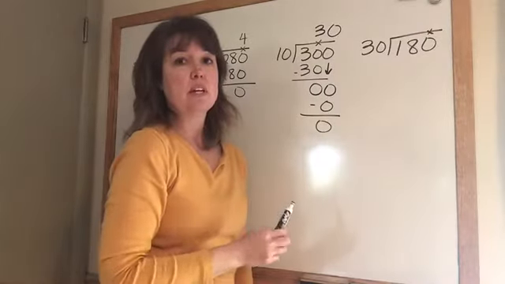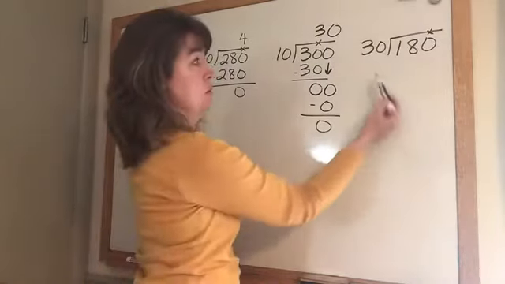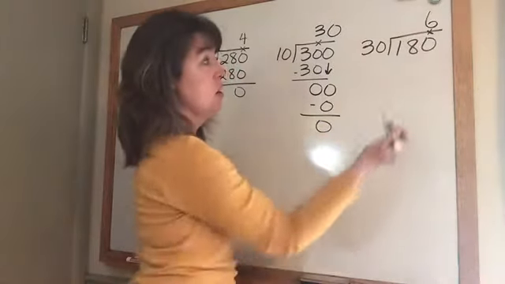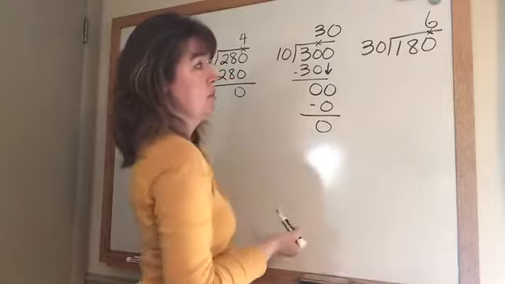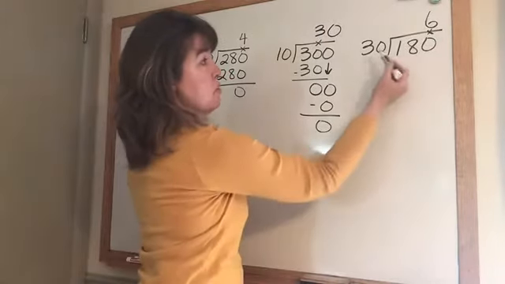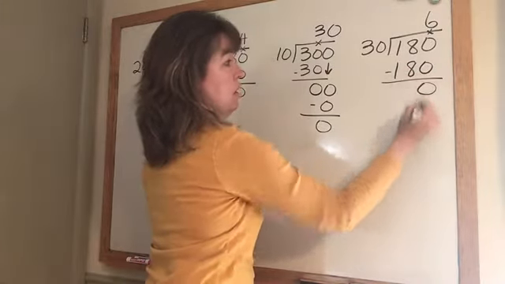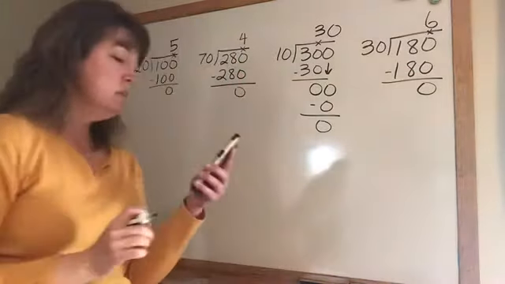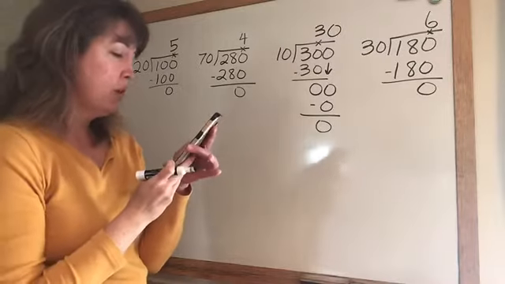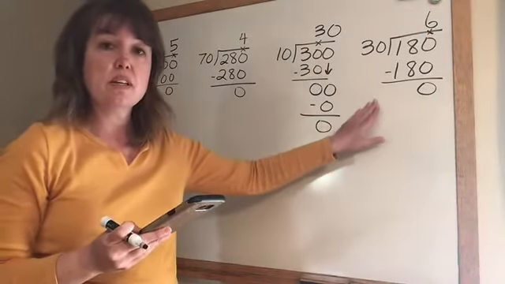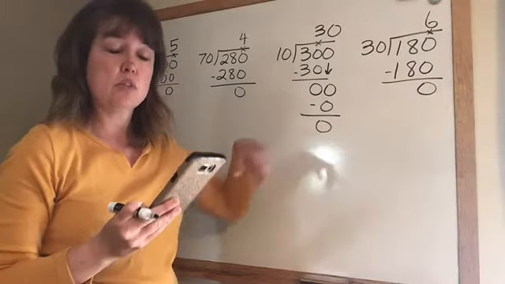The answer is 6, but remember, we need to put our 6 here because we really are dividing 180 by 30. 6 times 30 is 180, so that is 0. Numbers 11 through 14 are very similar to this, so I'll send the answer key so you can check your answers.